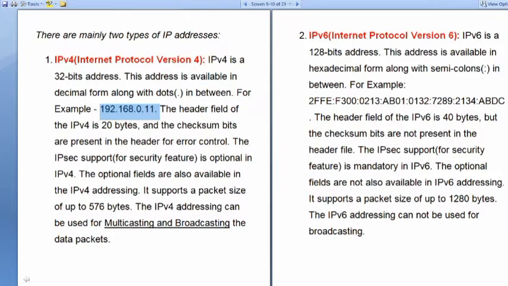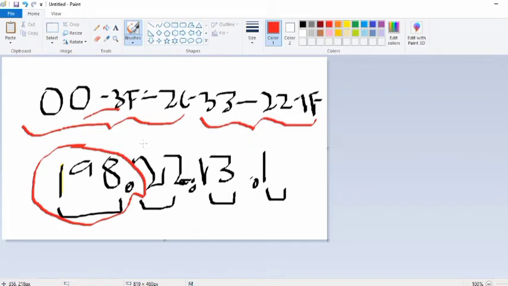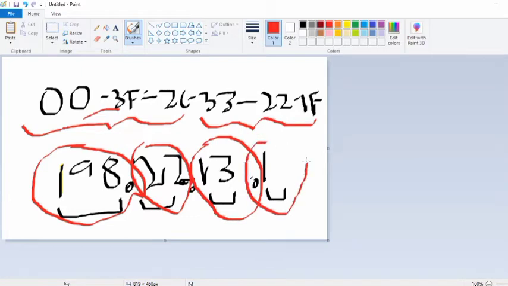Now coming to IPv6. The previous one, IPv4, is a 32-bit address. It means that each of these groups will contain 8 bits, and the last one will also contain 8 bits. So there are 4 groups, 4 into 8, that is equal to 32.